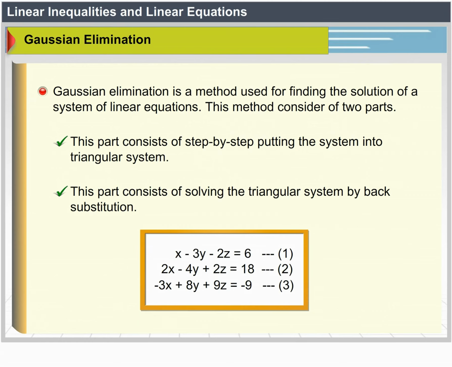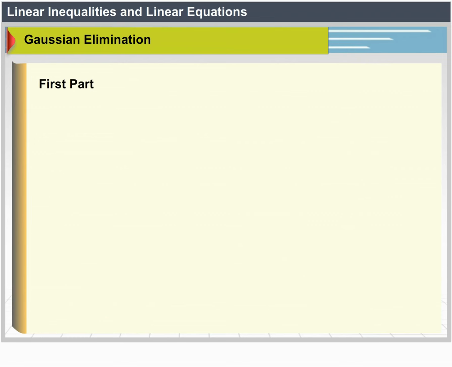x minus 3y minus 2z equals 6, equation 1. 2x minus 4y plus 2z equals 18, equation 2. Minus 3x plus 8y plus 9z equals minus 9, equation 3. First part, eliminate the first unknown x from equations 2 and 3.